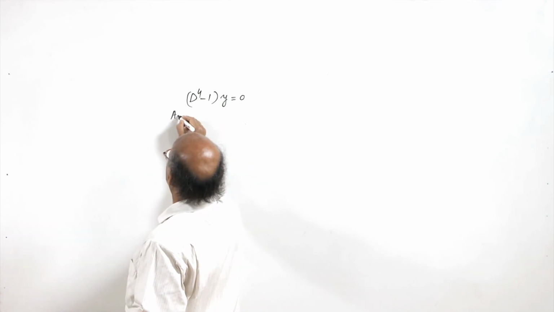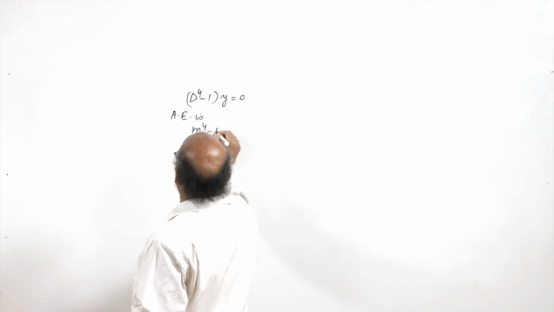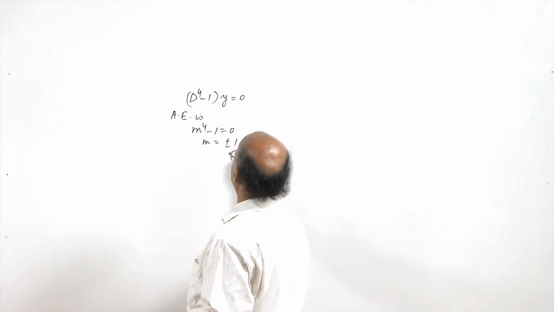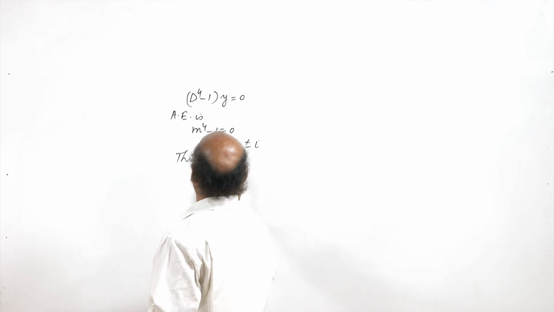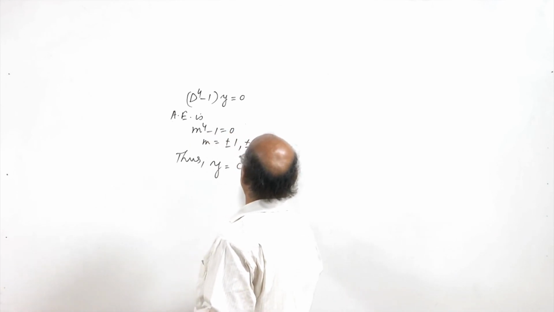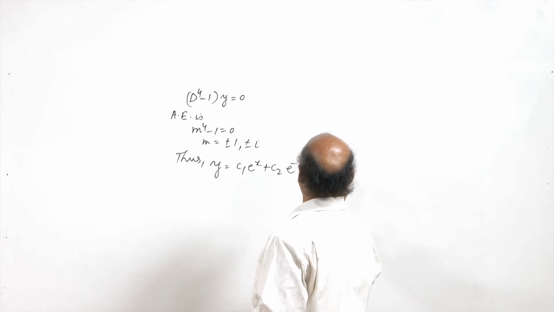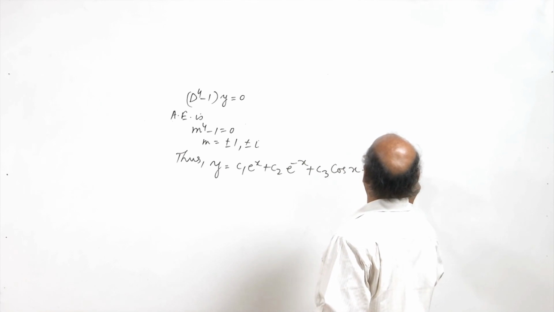Now the auxiliary equation is therefore m^4 minus 1 equal to 0, which gives the roots plus minus 1, plus minus i, and thus y is equal to C1 e^x plus C2 e^(minus x) plus C3 cos x plus C4 sin x.